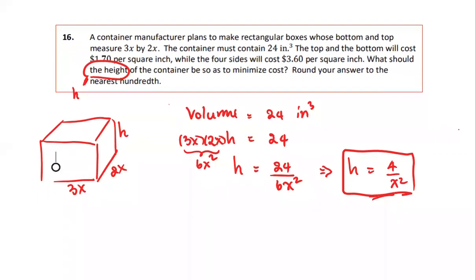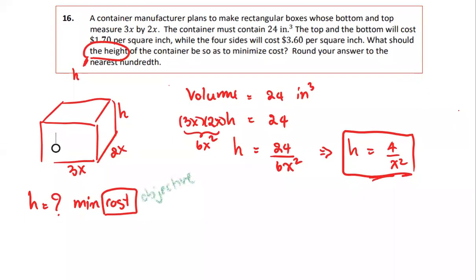The problem asks you to find the height that minimizes the cost. The key term, the cost, is called the objective function, the function for which we have to find the critical number. So then we're going to form the cost function based on what we know.